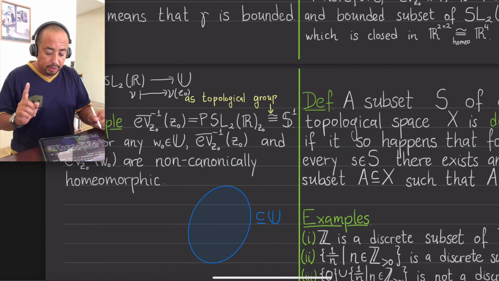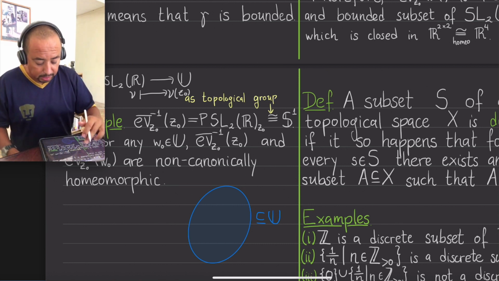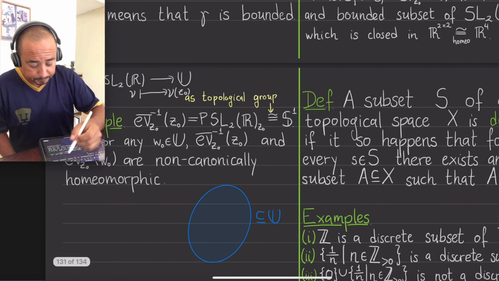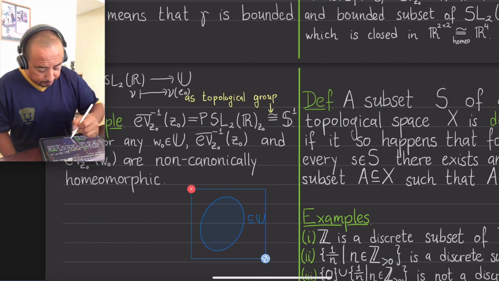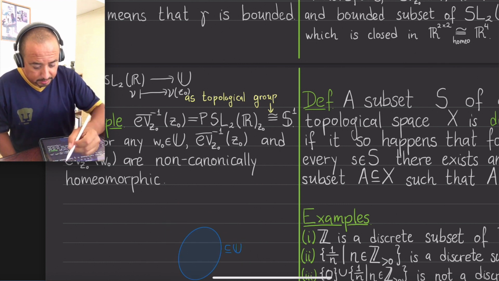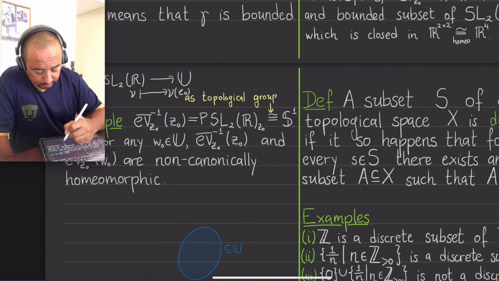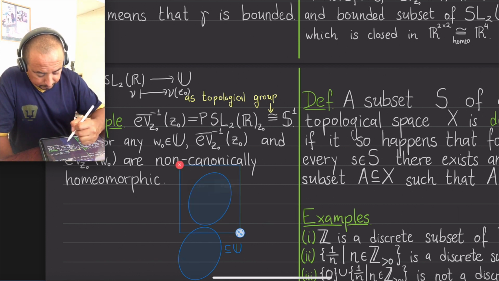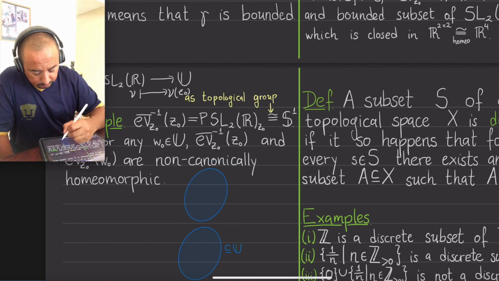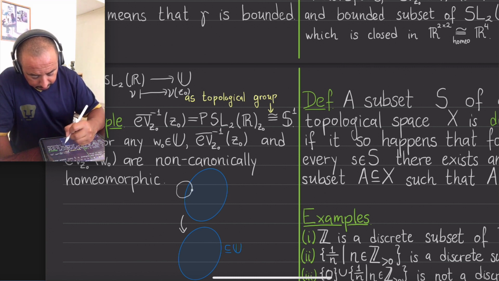So it looks like, in PSL2R, if I write it vertically, from PSL2R the fiber looks like this. So you see the function is such that at each point the inverse image is a circle.